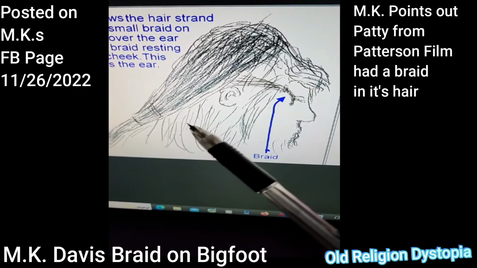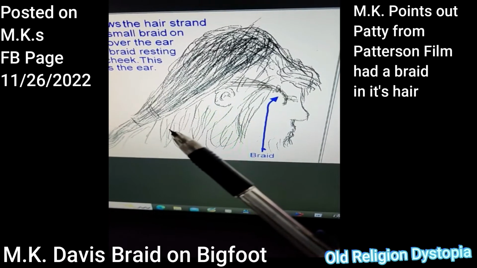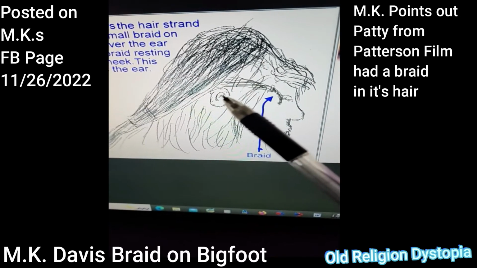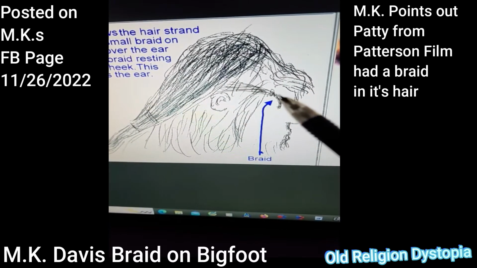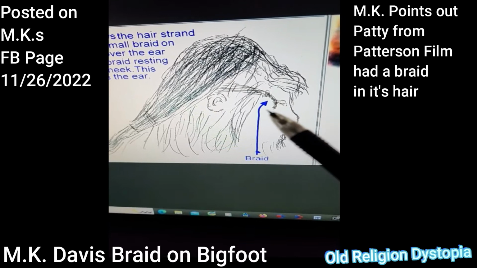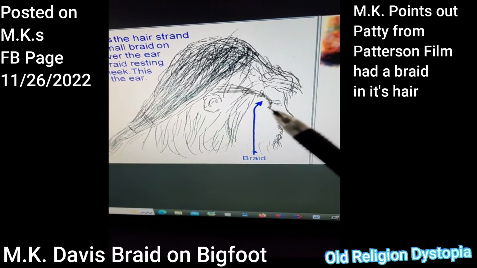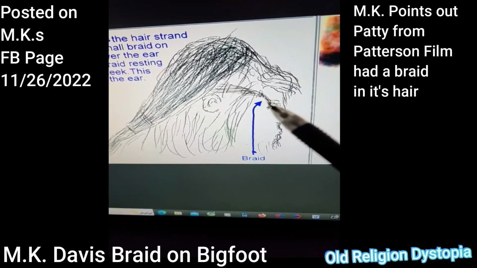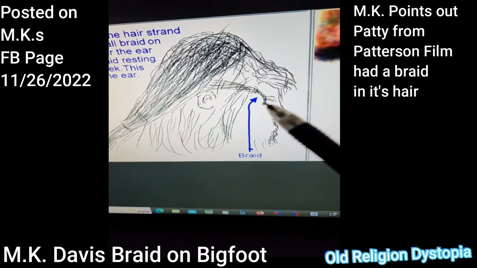There's a strong wind at her back, about 8 or 9 miles an hour. And it ends up over the ear, exposing the ear. And there's a little braid, what I consider to be a braid, on the end of it. And it ends up resting on the cheek while this frame was being taken.